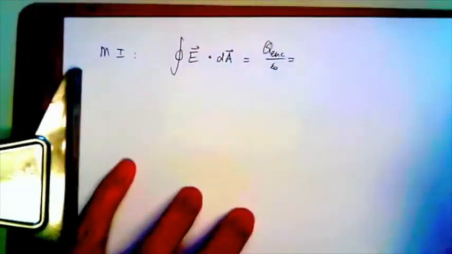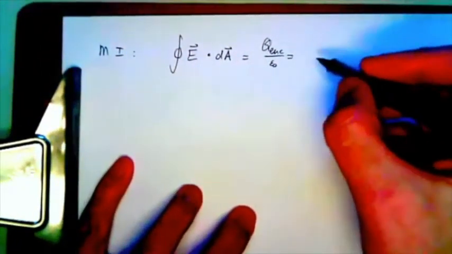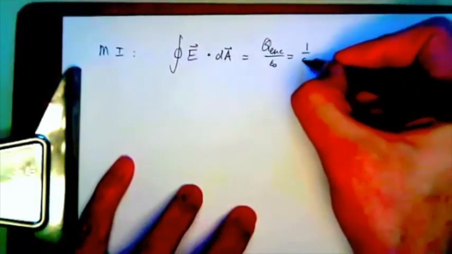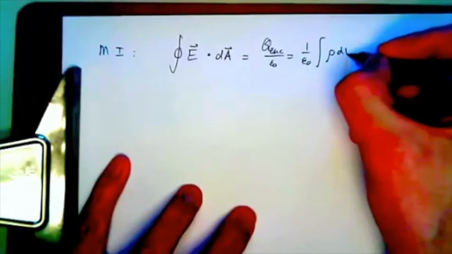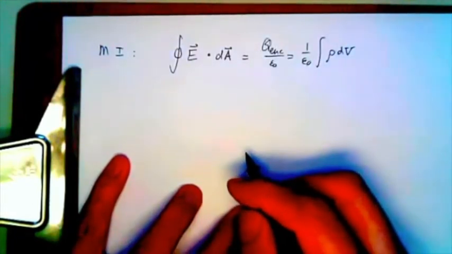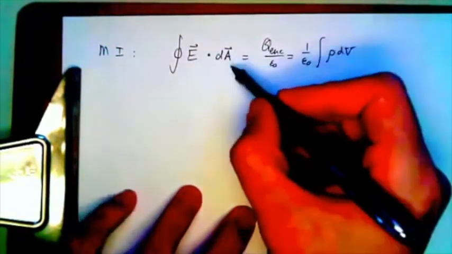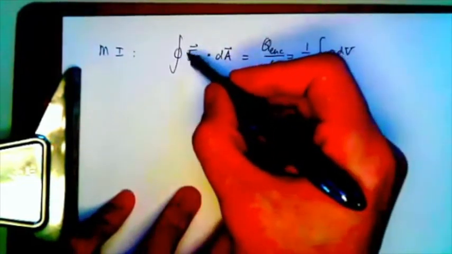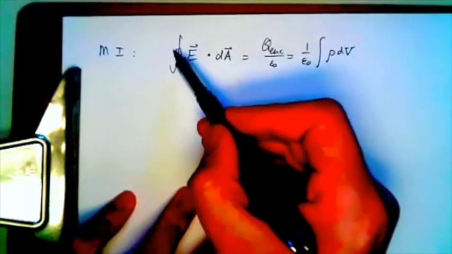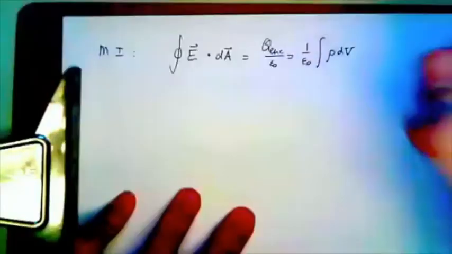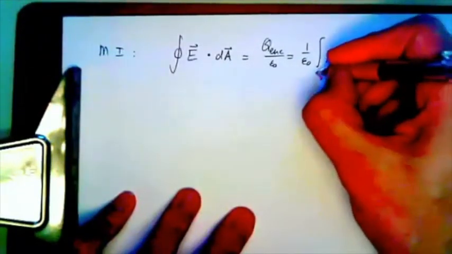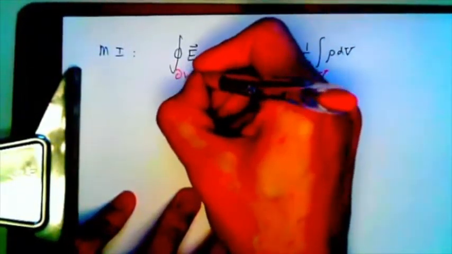Now there's another way to write this, and that is 1 over epsilon naught integral of rho dV, where this normal is pointing out of this Gaussian surface, and this Gaussian surface is the edge of this volume. So there's a volume here, and this is the edge of the volume.